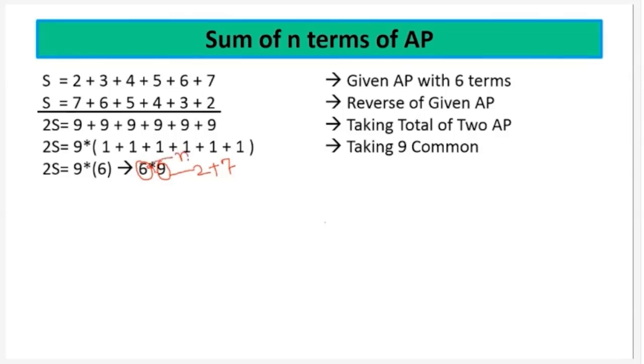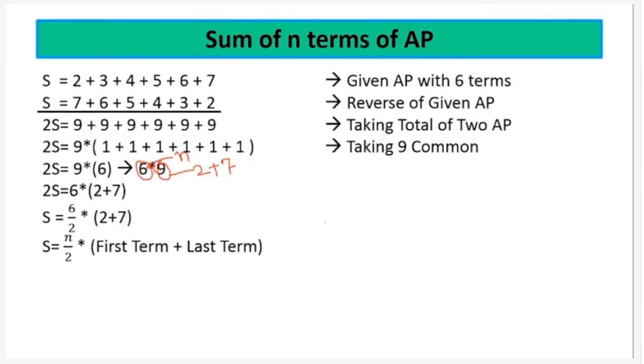This is n. So now you get the formula. 2S is equal to 6 into (2 plus 7). So S is equal to 6 by 2 into (2 plus 7). Finally, S is equal to n upon 2 into (first term plus last term). That is the formula that boy derived.